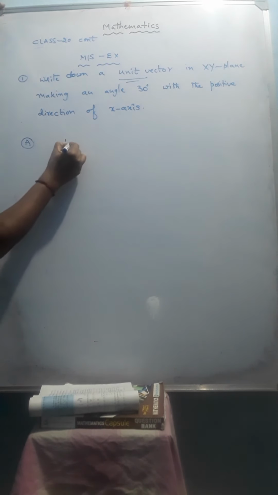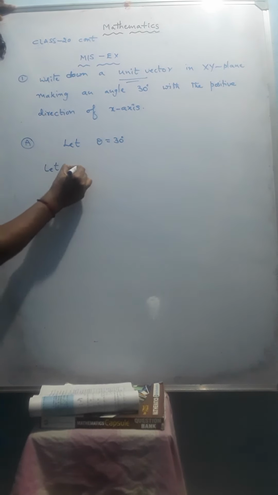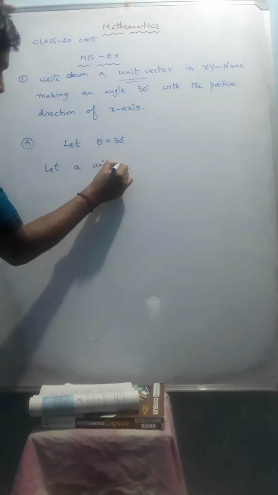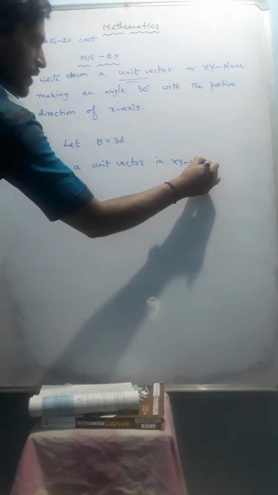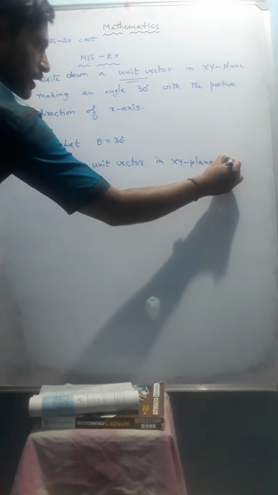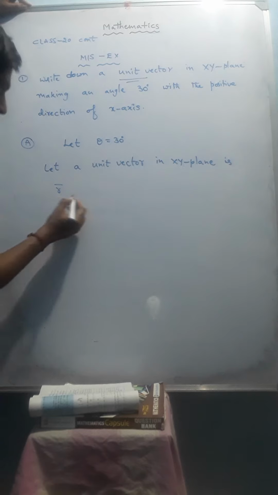So here you can take angle, let theta is equal to 30 degrees. So unit vector you can assume r vector. So let a unit vector in xy plane be r vector.